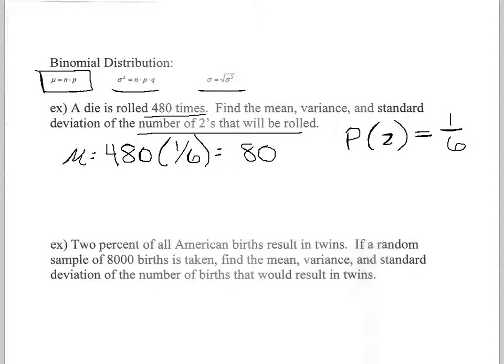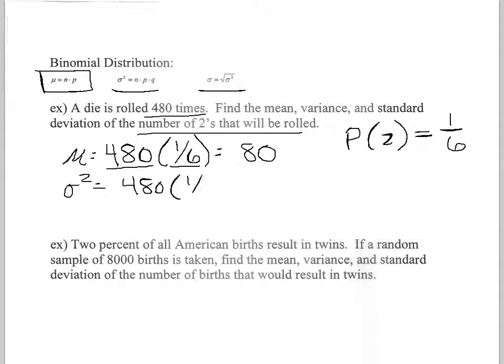Think of it using a coin. If I were to flip a coin 100 times, you would expect 50 heads and 50 tails. Same exact idea. In that case, you're multiplying 100 times 1/2. In this case, it's your number of rolls times your probability of success. Well, variance is still going to use the 480.